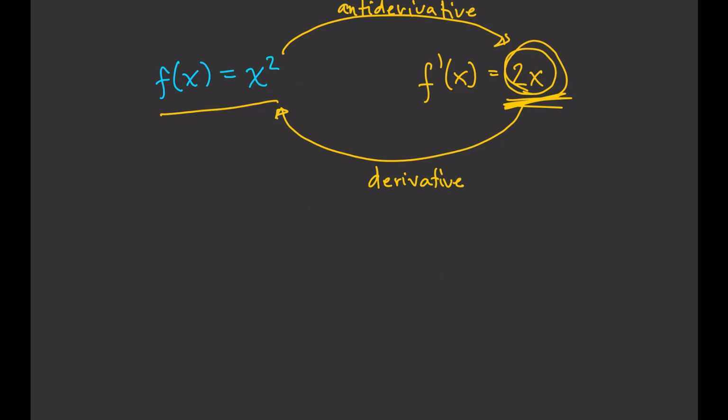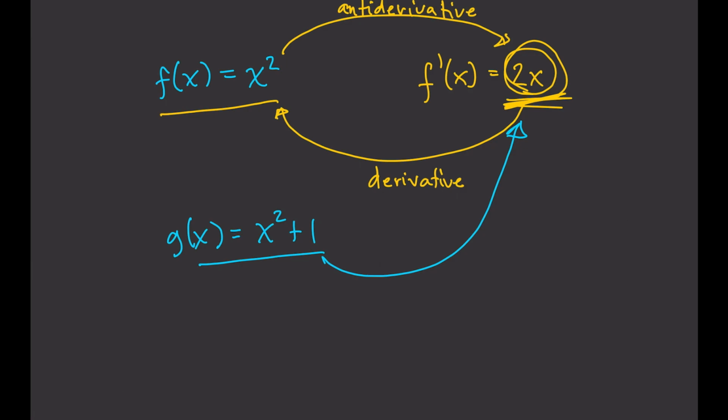The answer is no. If you have a function, say g of x equals x squared plus 1, this will also qualify as an antiderivative of 2x, because if you find the derivative of x squared plus 1, you'll still get 2x as an answer.